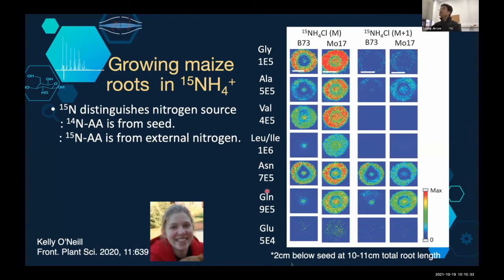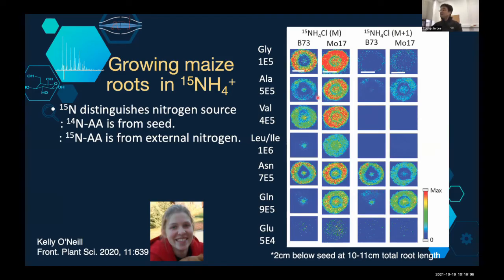So here is an example of maize root cryosection. The left two are 14N amino acids, grown in 15N ammonium. So they are amino acids from the nitrogen from the seed, while the right two columns are 15N amino acids. So they are newly synthesized from the nitrogen that came in from the outside.